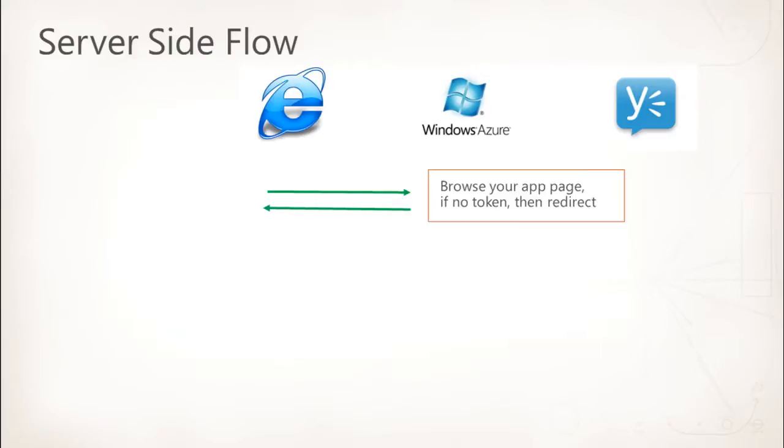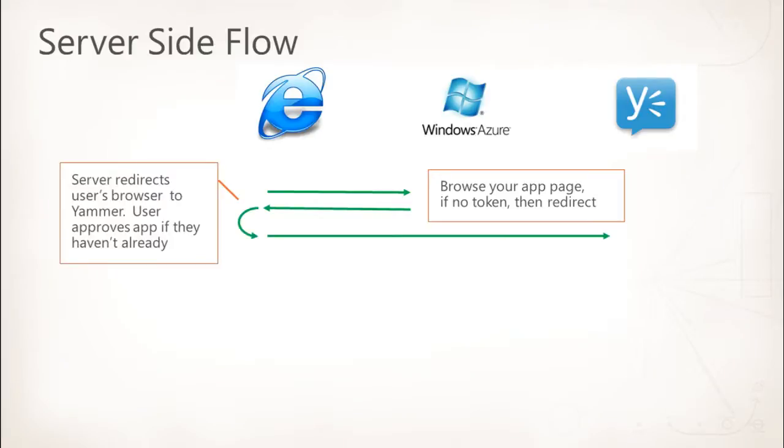Well, the first thing that happens is that the myCoolDocument app says, hey, you know what? You actually don't have a registered Yammer authentication token that's good. And so in order for me to go get one, I have to ask your browser to go over to yammer.com and do the authentication dialog that we just saw to get permissions and to make sure it's OK for my application to work.